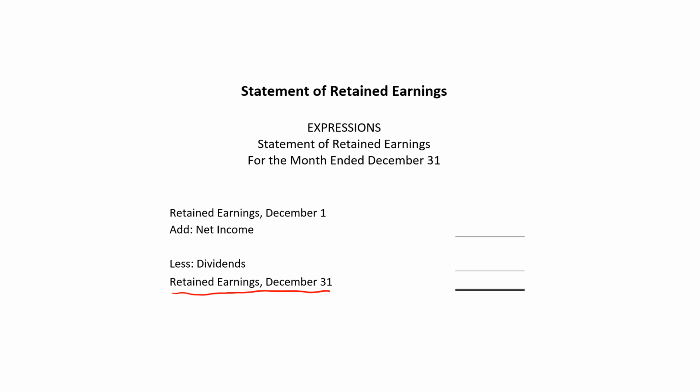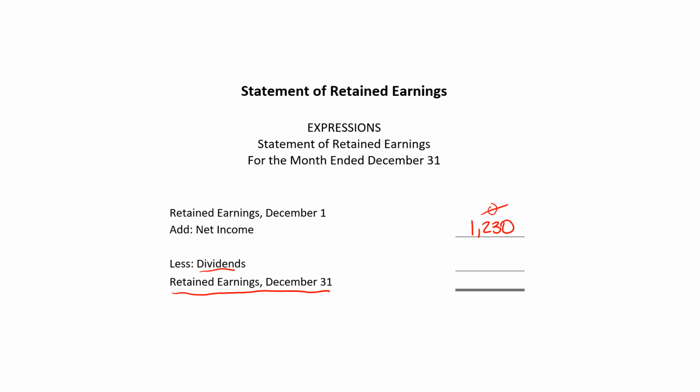So the beginning retained earnings, the business didn't even exist on December 1st. So retained earnings at that point was zero. We add net income because net income increases retained earnings. Net income was $1,230. Subtract out anything that might decrease retained earnings, which in this case are dividends.